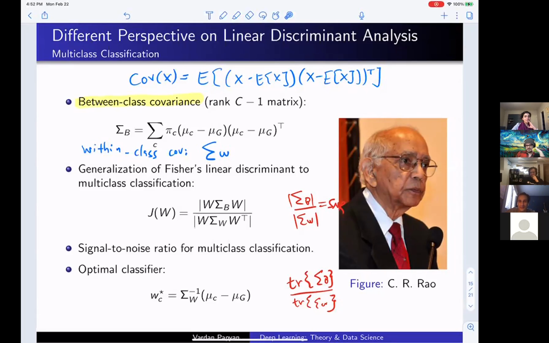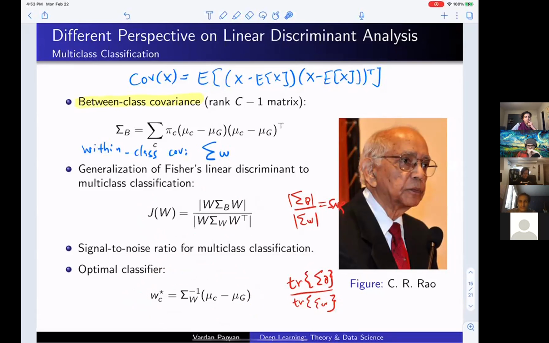Maybe not. Now, signal to noise ratio for multi-class classification, and one can prove that if you maximize this function, the optimal classifier would be this.